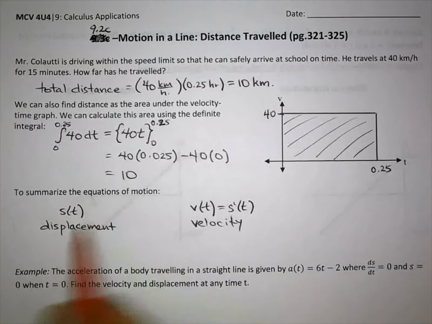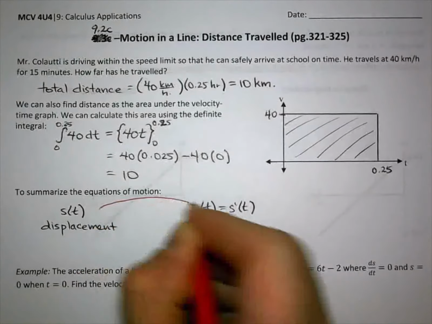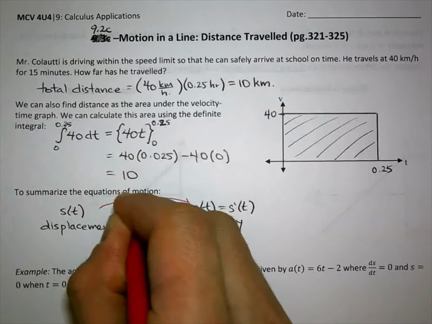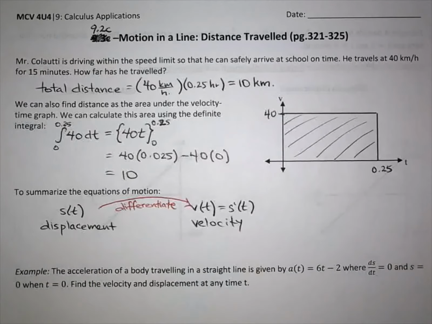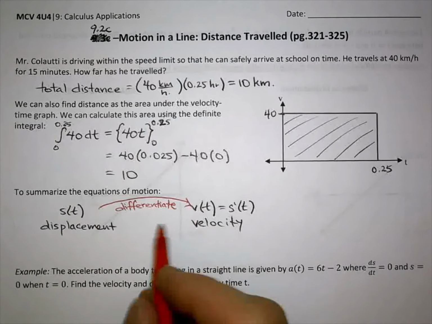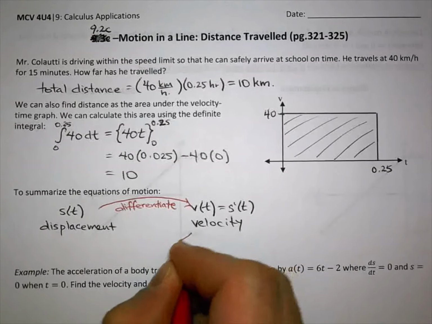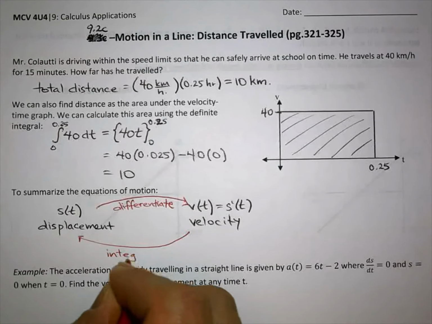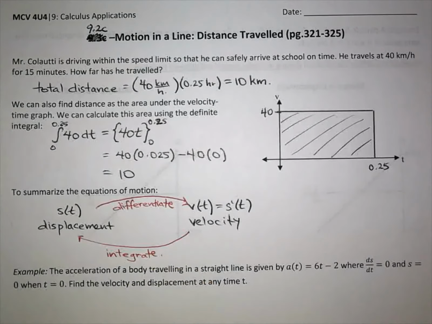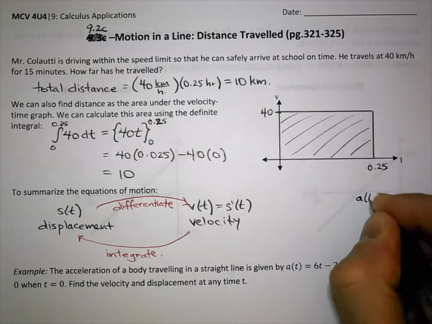To go from displacement to velocity, I need to differentiate or find a derivative. Similarly, if I want to go from velocity to displacement, I need to integrate. That's how I undo it. For acceleration, well, acceleration is one step further.